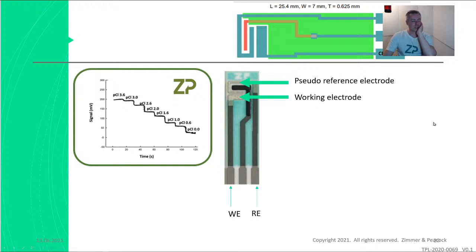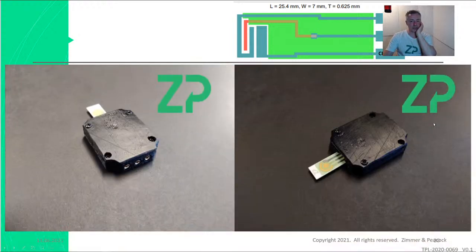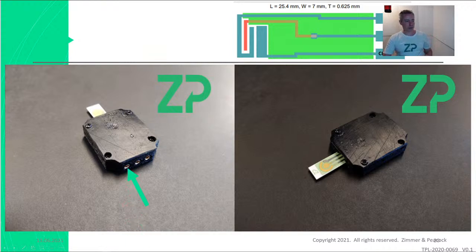Now the next question in the data sheet would be, how do I connect to it? So you would connect to it using one of these connectors. We've got them on our website. And you would plug in here and here. So you need a potentiostat or some way of putting 3 millimeter banana plugs into those female ports, and that will allow you to make connection.